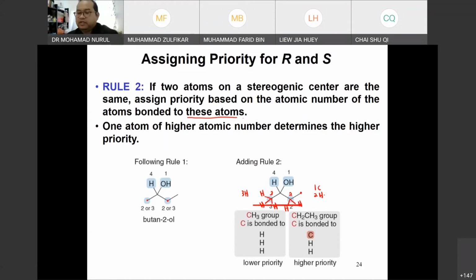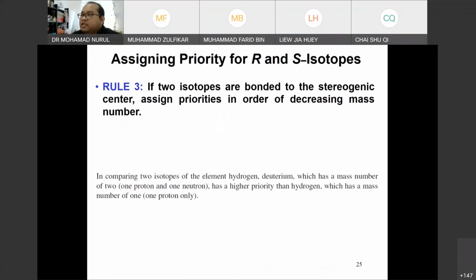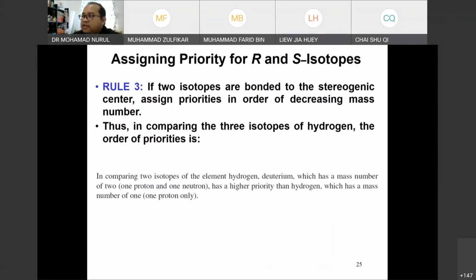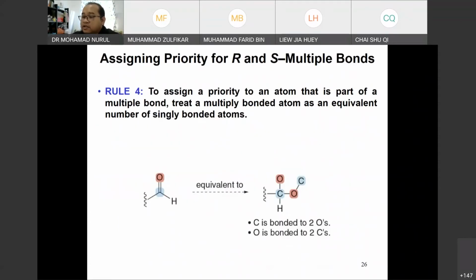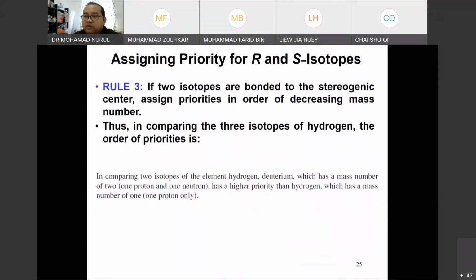Open your books. Okay. So rule number 3: if 2 isotopes are bonded to the stereogenic center, assign the priority order by decreasing mass numbers. So it's comparing isotopes of hydrogen. For example, in hydrogen, we normally have 3 isotopes.